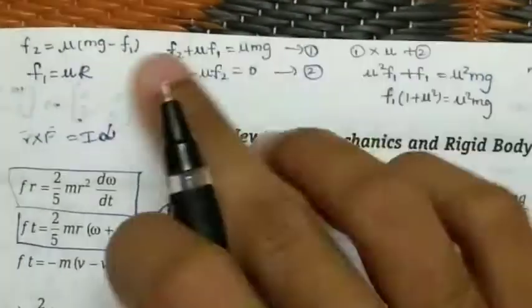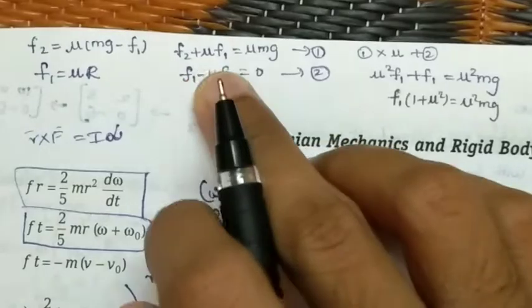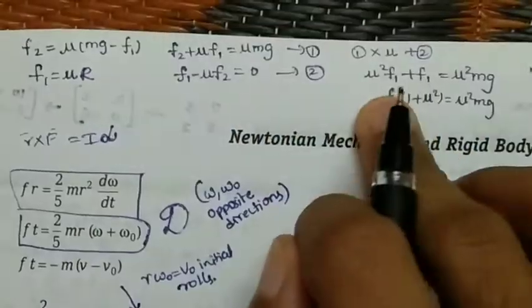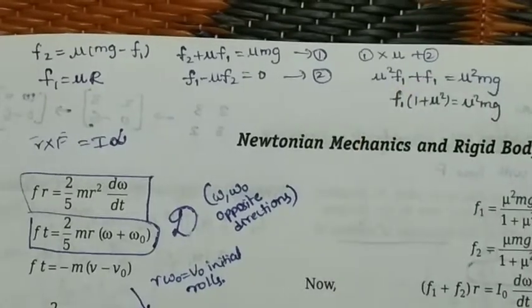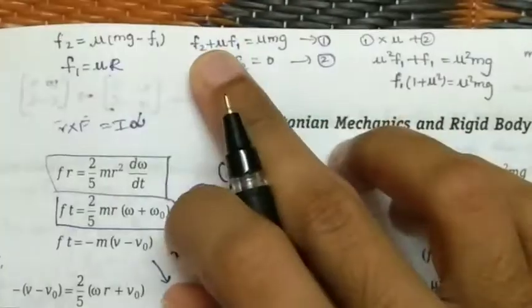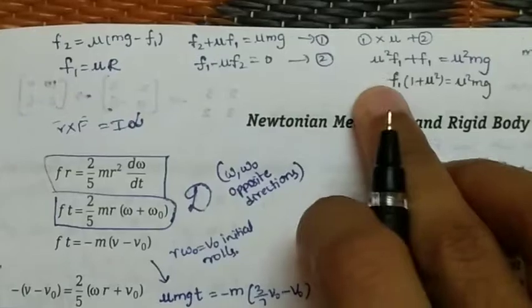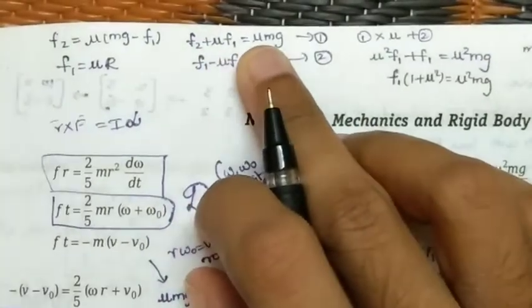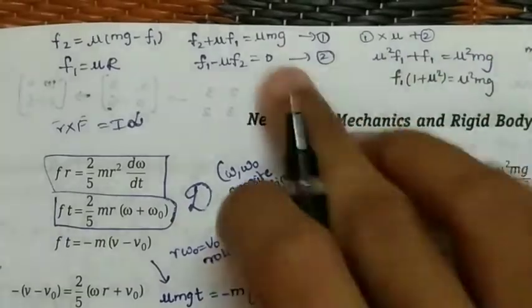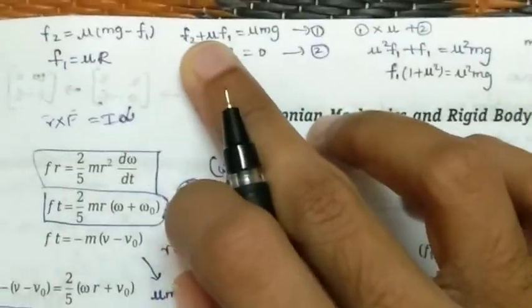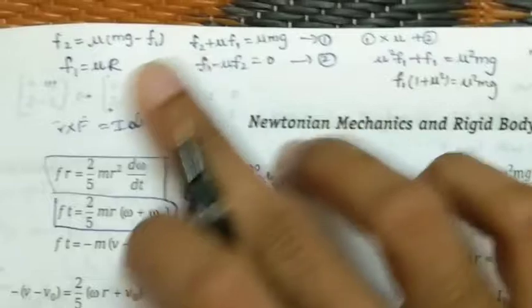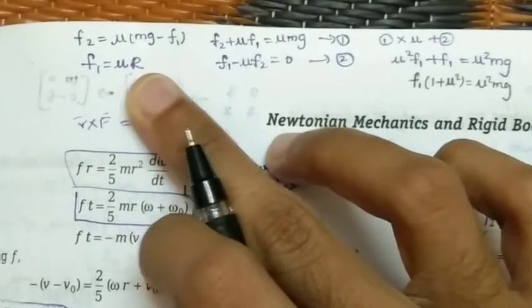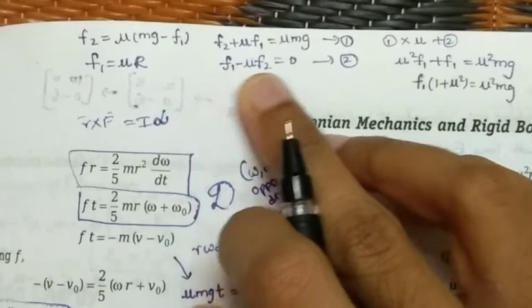We would have mu square F1 plus mu F2 equals mu square mg.